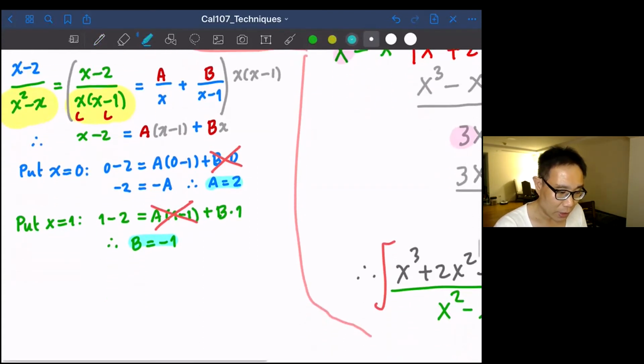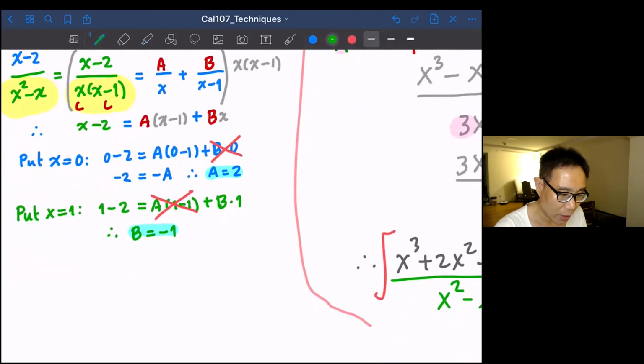And then you have (x minus 2) over (x squared minus x) equal to the decomposition.